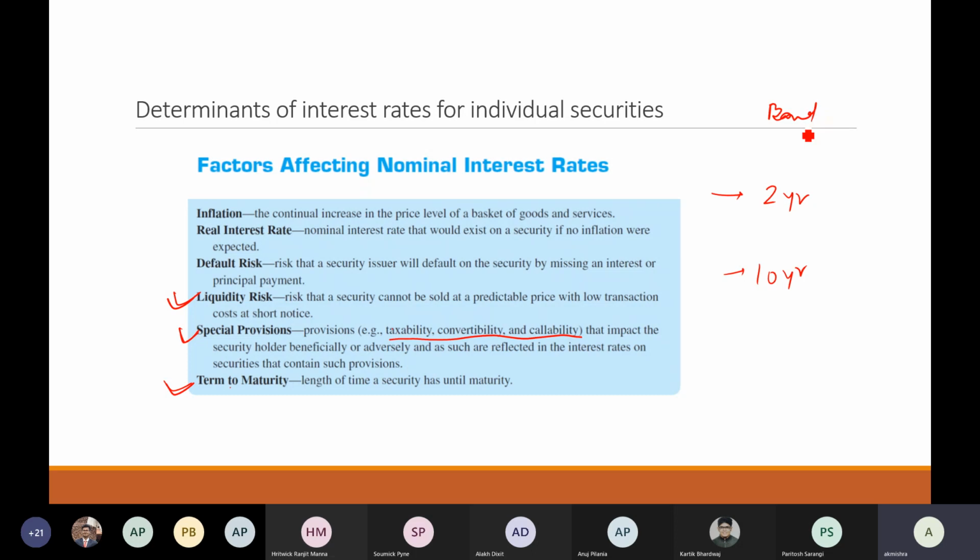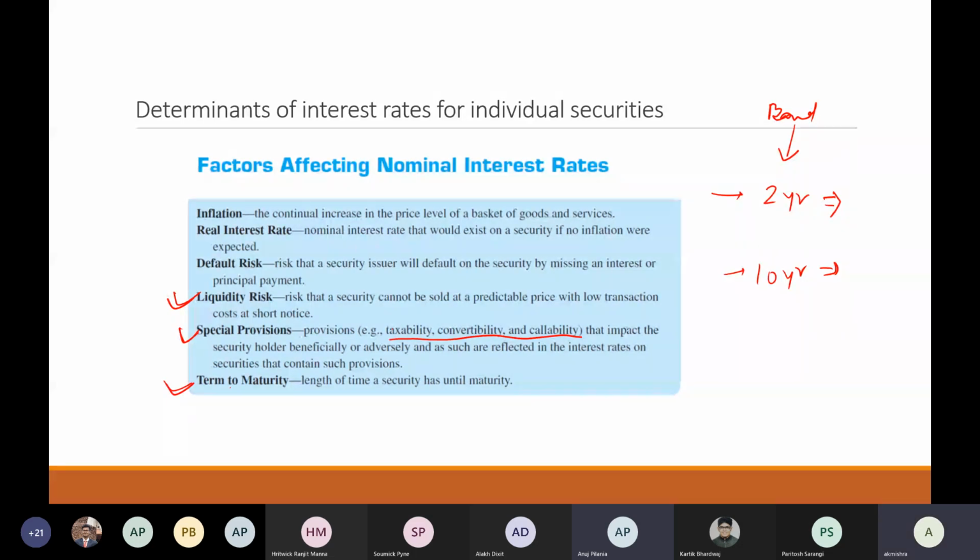The company is the same, one bond is a 2-year bond and another is a 10-year bond. In which case do you think the company should offer you more return, the 2-year bond or the 10-year bond? Can anybody answer? The 10-year bond. Why did you say so? Because the company is taking longer to pay, so the default risk in that time would be higher.